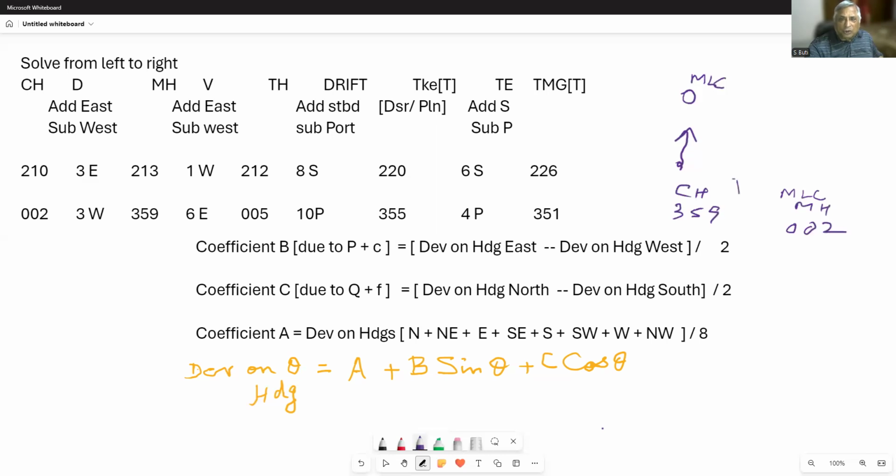It means on this heading, my deviation is plus 3. So that becomes deviation on heading north.